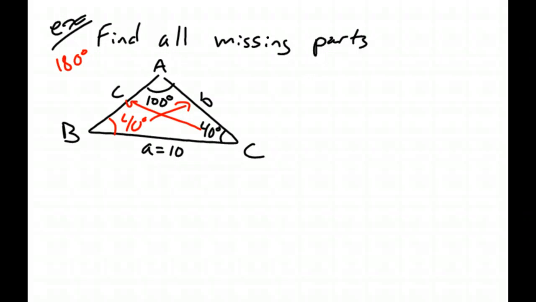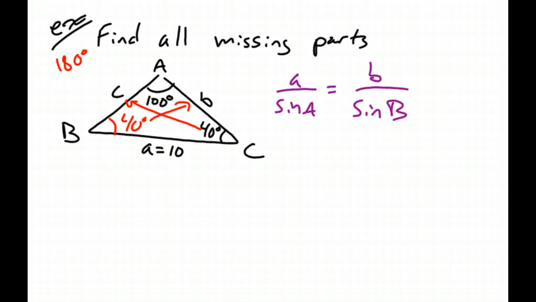So I can say a over sine A equals, it doesn't matter which one you solve for, since we have big B and big C, I can find little b or little c, it doesn't matter. So say if I say little b over sine B. This is how we can use the law of sines. Because I know capital A, I know capital B, I can find little b.